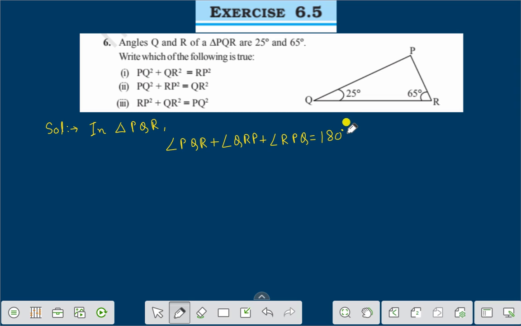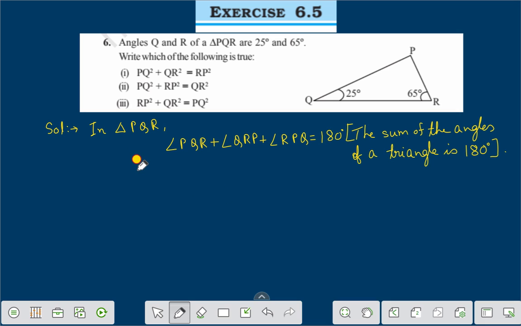What is the reason? The reason is that the sum of the angles of a triangle is 180 degree, right?